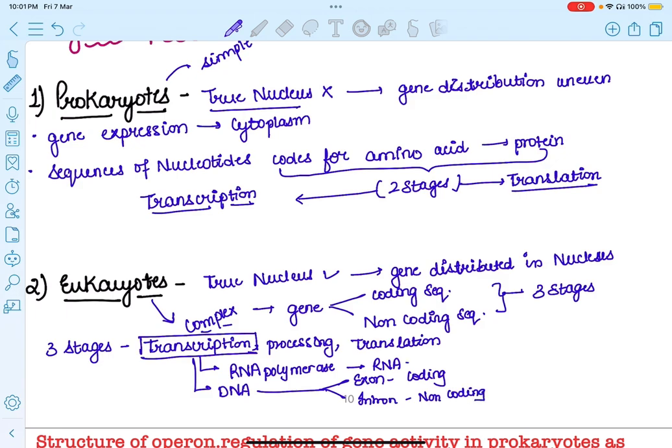And the resulting RNA would be known as messenger RNA. Hence, the end product of the eukaryote is messenger RNA.